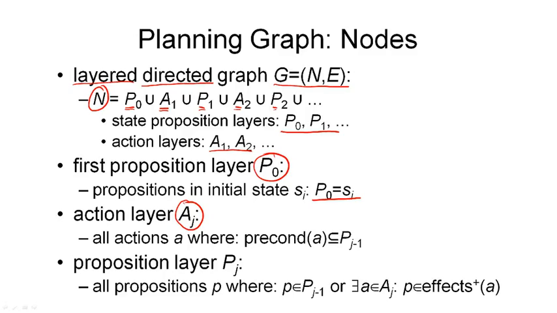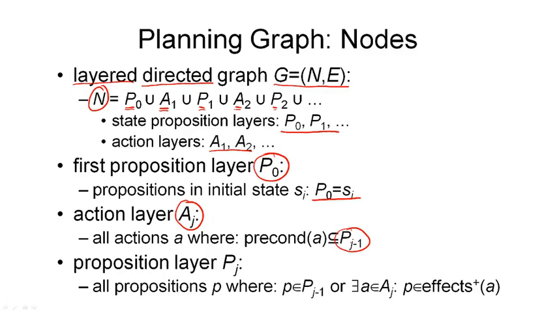So what we do is we look at our preceding proposition layer Pj-1 and we interpret this as a state. Remember, the nodes in this layer will be proposition symbols, so we can simply form a set of all these nodes and interpret this as a state. Usually this won't be a meaningful state, as it may contain symbols that can never be true at the same time.